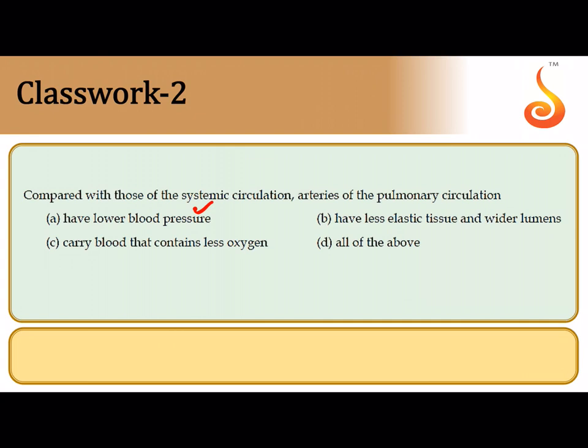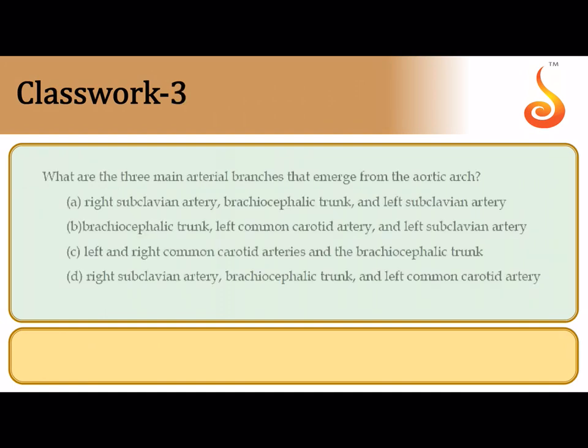So it is all of these in this case, because all these options pertain to the blood vessels which carry the blood away from the heart to the lungs. Remember that it is a shorter circulation and it has pulmonary arteries, and all these are correct answers for how pulmonary circulation is different from systemic circulation.